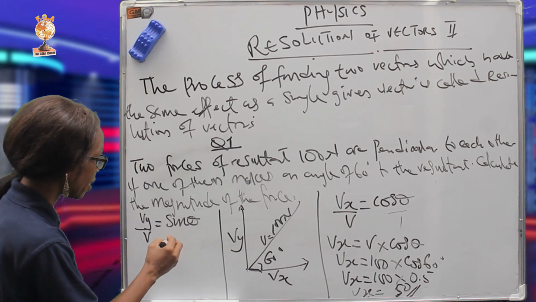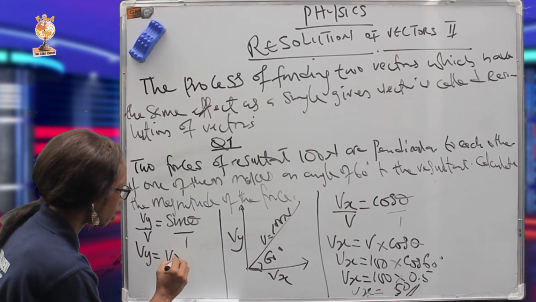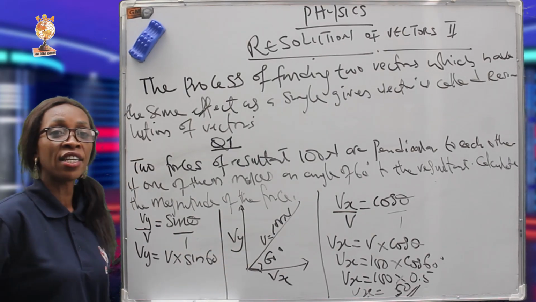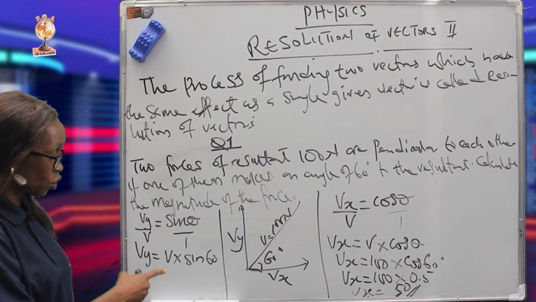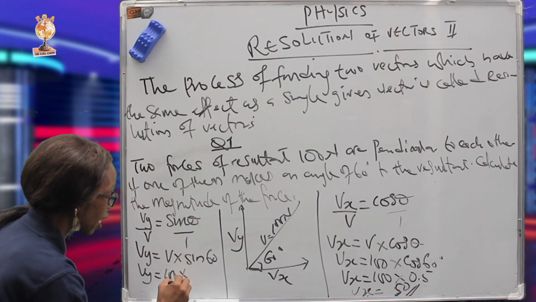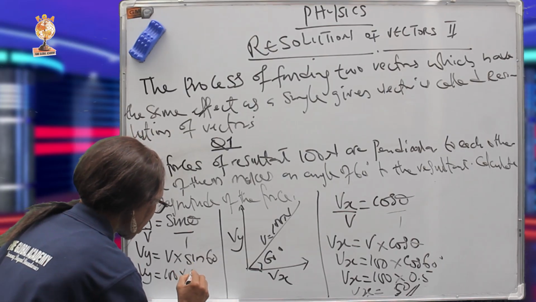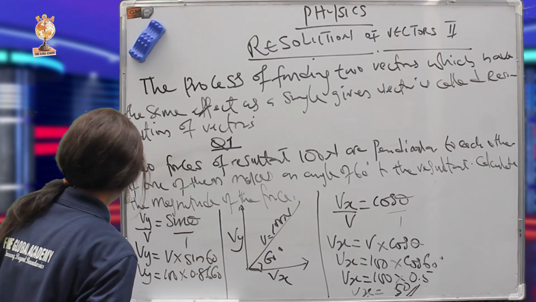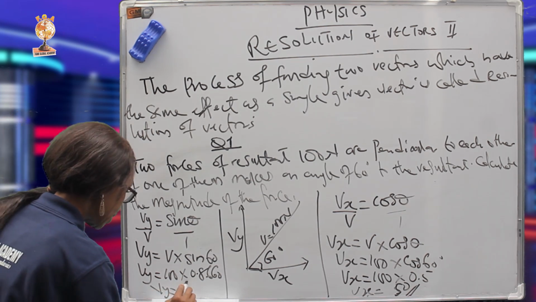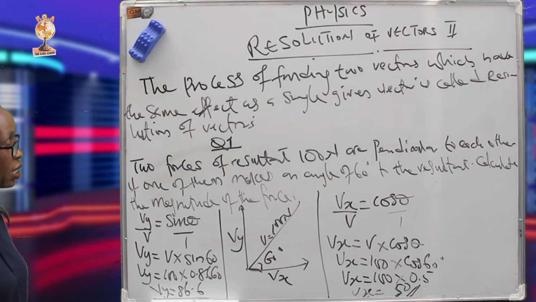To get Vy, the same thing, I cross multiply, because Vy is equal to V times sine 60 degrees, because the angle there is still 60. Using your trigonometry, Vy, which is unknown, is equal to 100 times sine 60, and sine 60 becomes 0.8660, so Vy becomes 86.6.